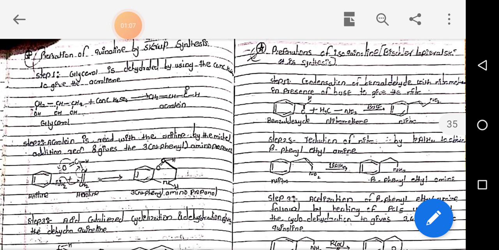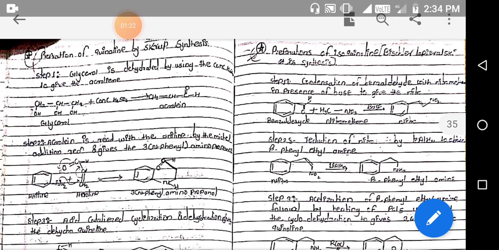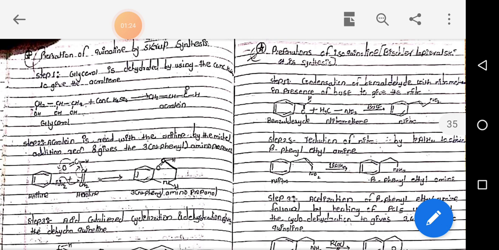The CH3 group of nitromethane is acidic, and the reaction condition is a base. So the base abstracts the proton in this case.